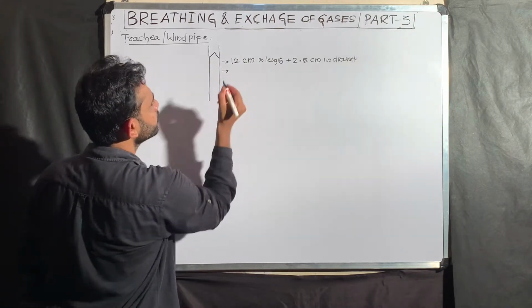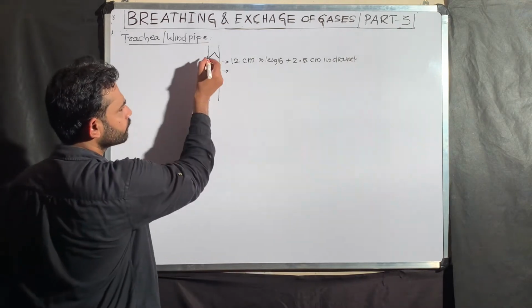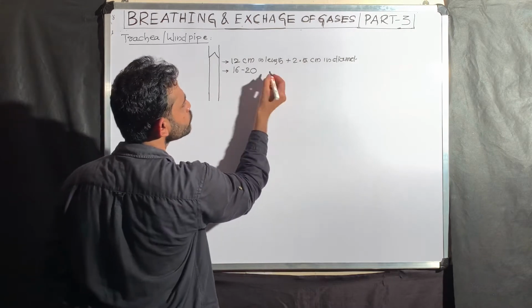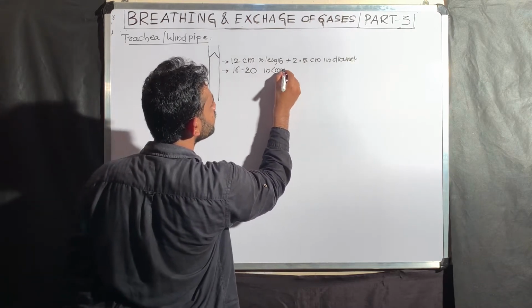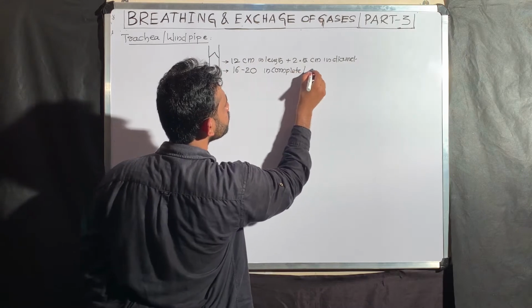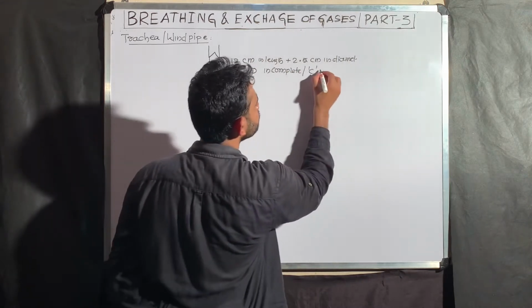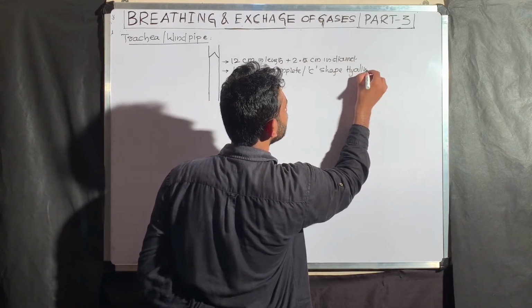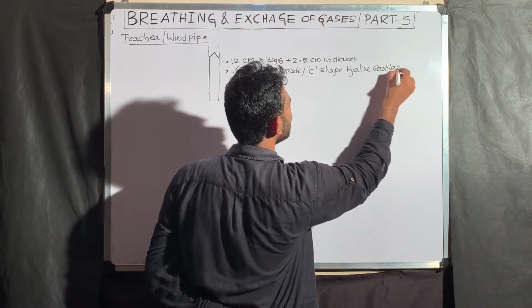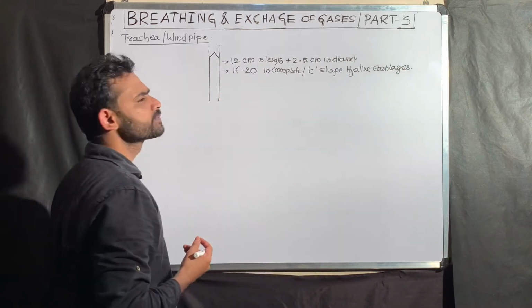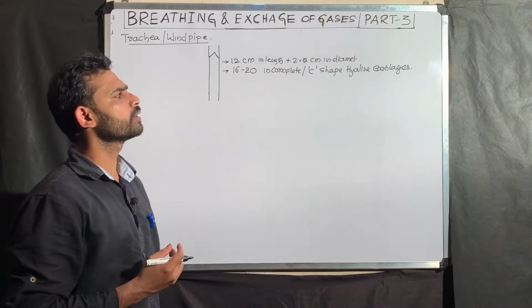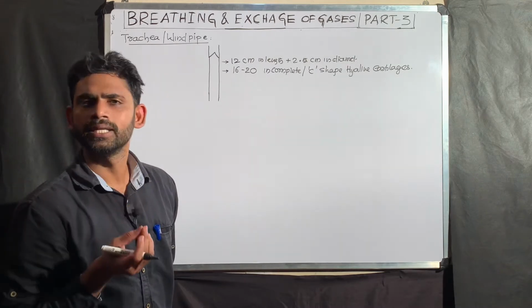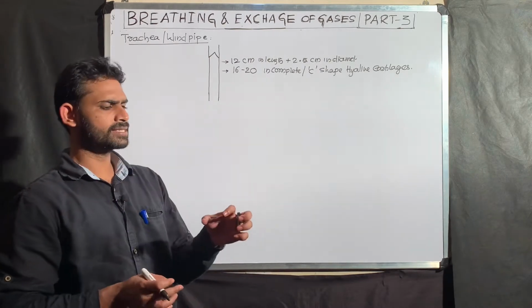The next point, this trachea is made up of 16 to 20 incomplete or C-shaped hyaline cartilages.